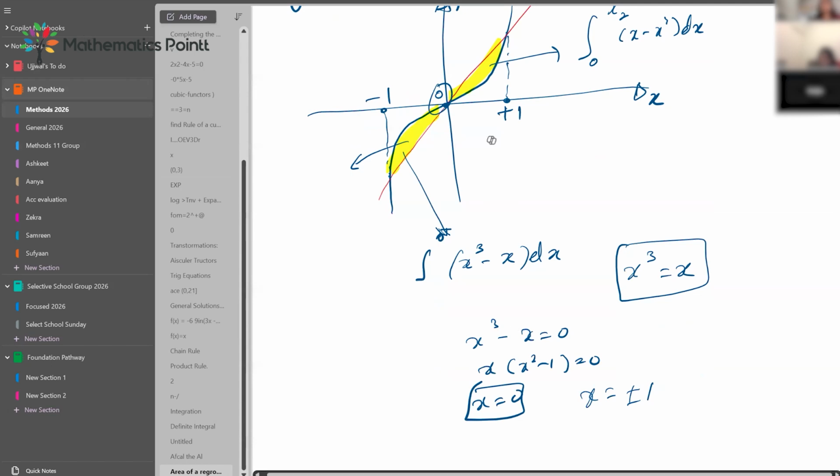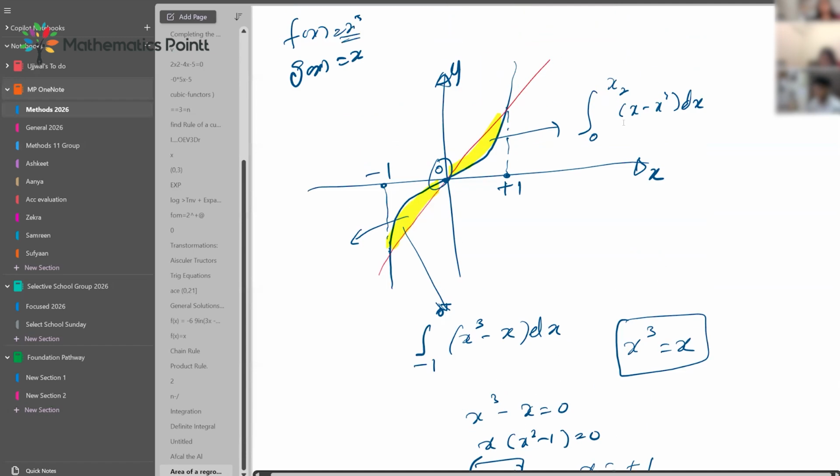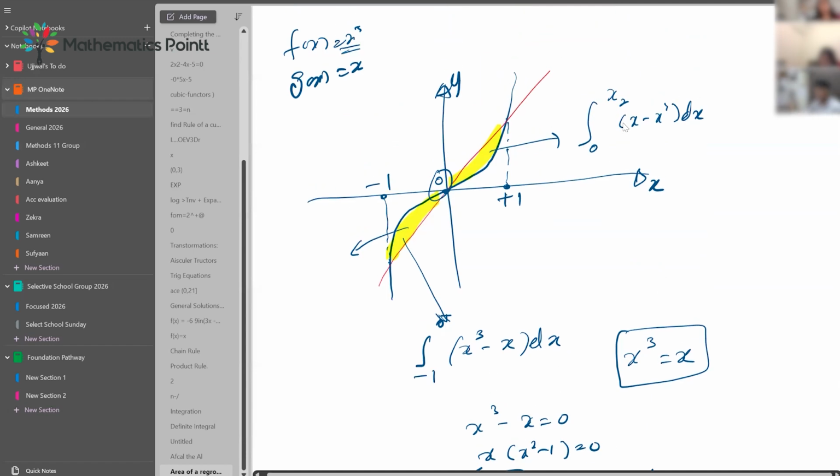So I will replace this by minus 1, and this by plus 1, and I add the two. So this is, in a very simplistic manner, how you find the area between the curves.